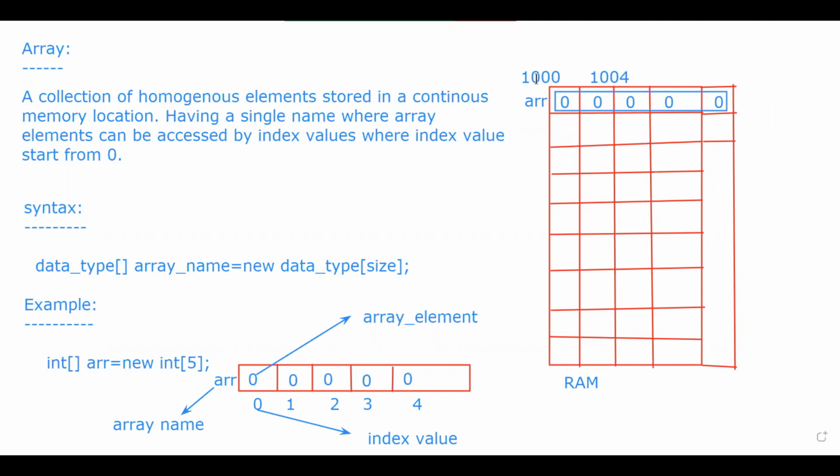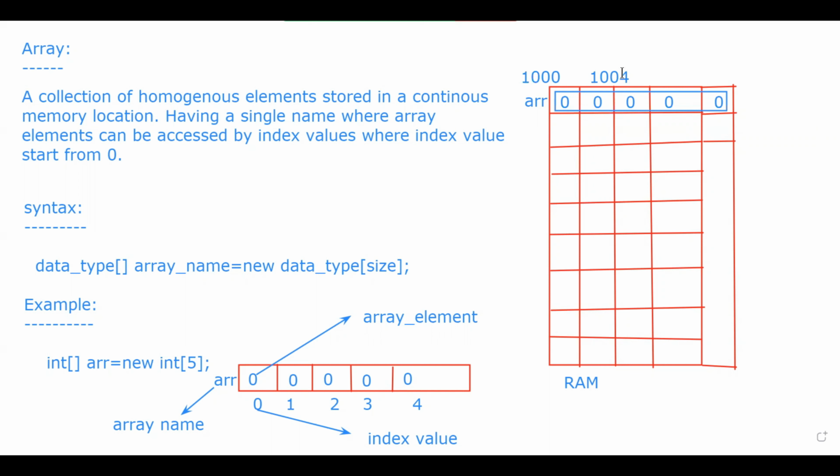So the first 0 is at 1000, the second at 1004, and the third 0 at 1008. 1000 is just a random memory address I am imagining to make the concept clear; it doesn't mean it will always be 1000.